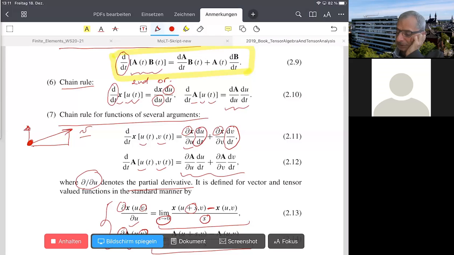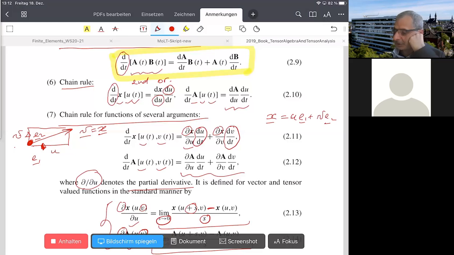This is the horizontal displacement u, a scalar, and this is the vertical displacement v, right? So I define a unit vector e1 and a unit vector e2, and I can write my vector x as u e1 plus v e2, right?